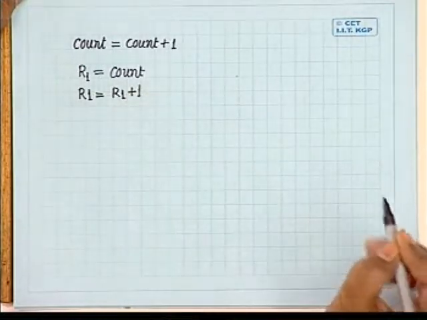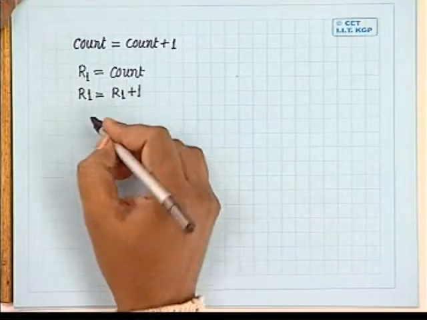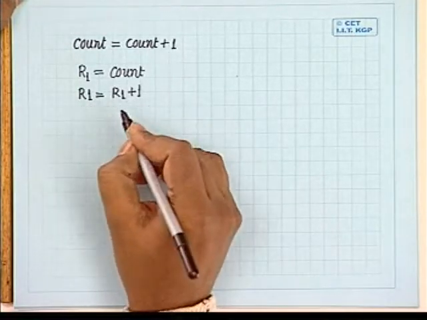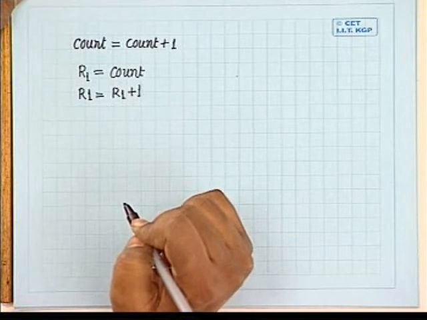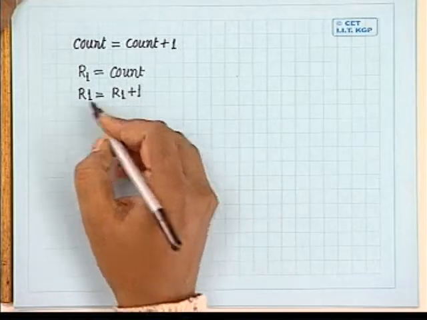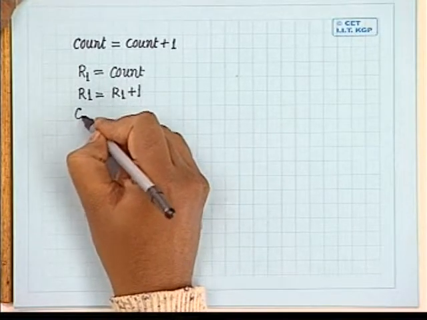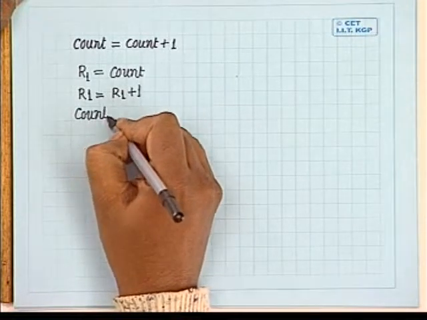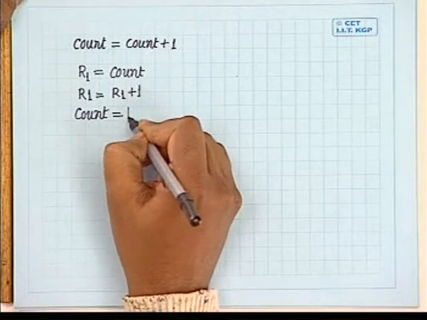Following this, the value in R1, now incremented by 1, will be written back into the memory location assigned to variable count. So the last assembly statement to be executed is count equal to R1.